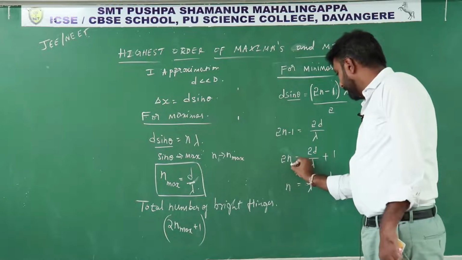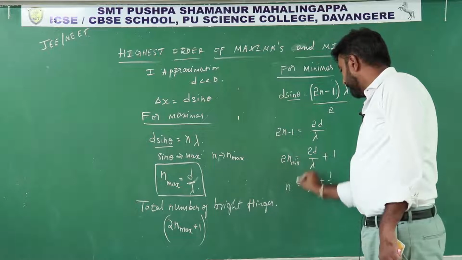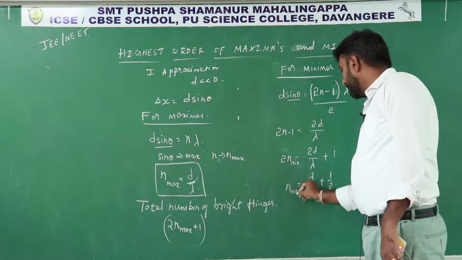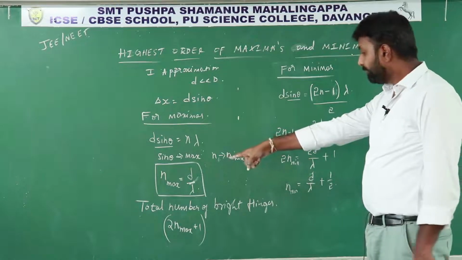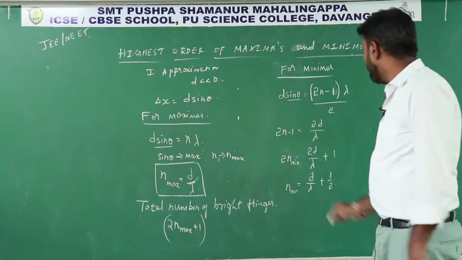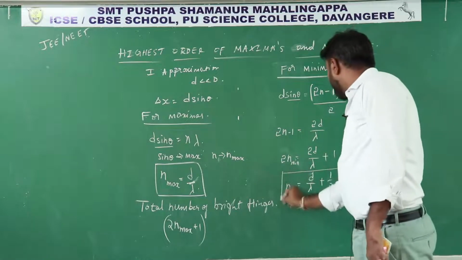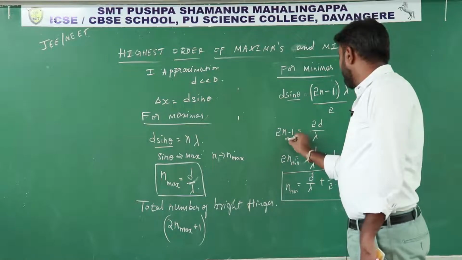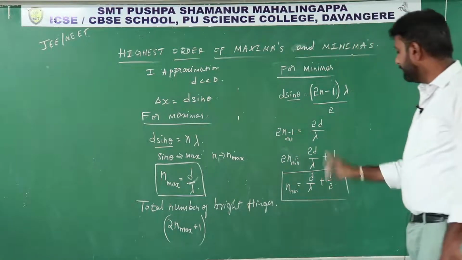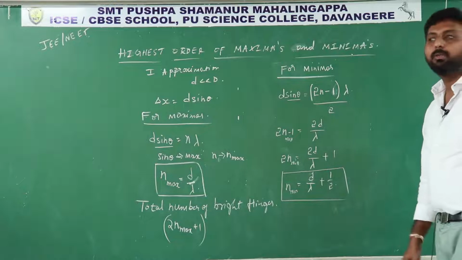So here you can write nth order minimas; there, nth order maximas. The nth order minima formula becomes d by lambda plus 1 by 2.